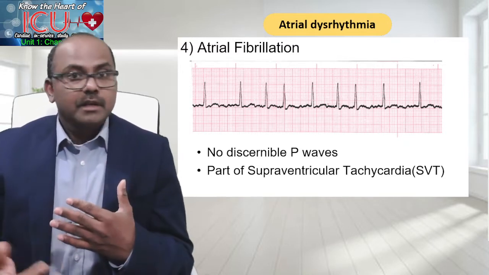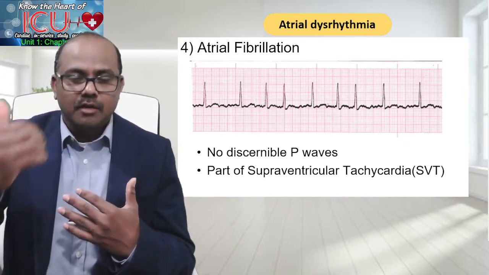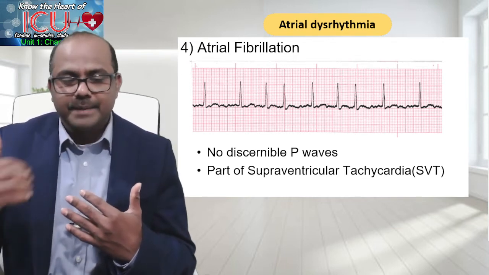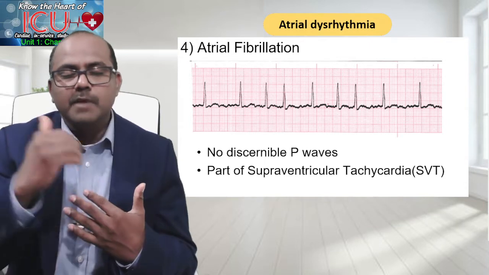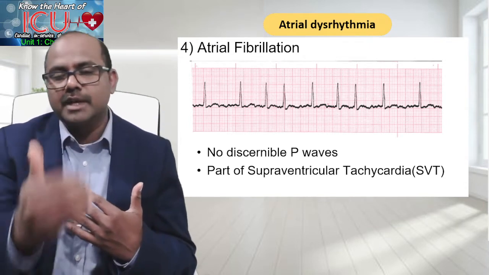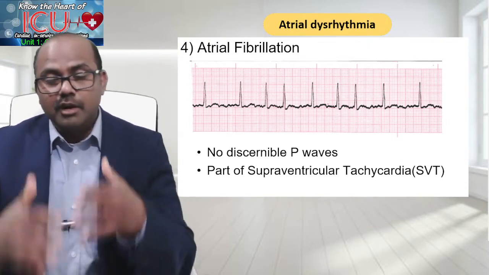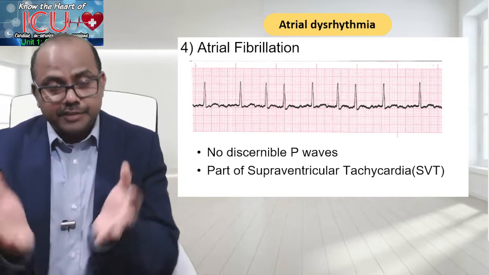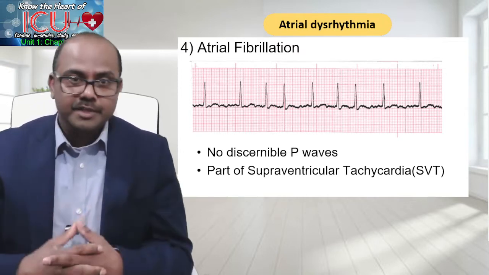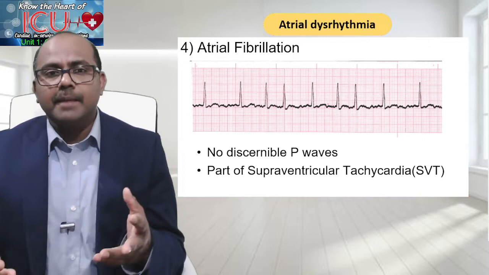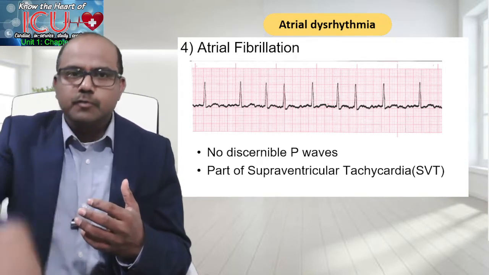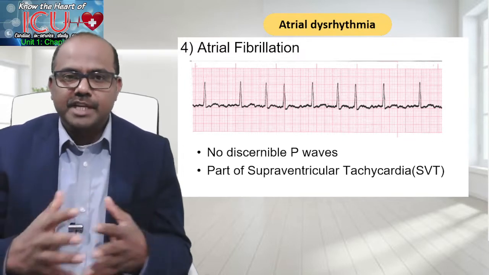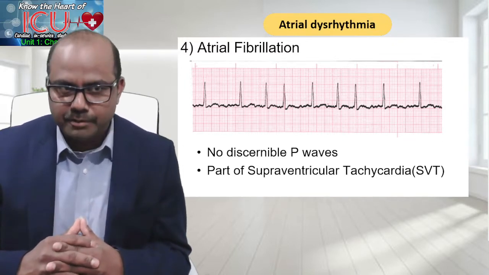So what happens? All these 300 impulses per minute, or more than 300 impulses per minute, in the atria will not be conducted down to the ventricle by the AV node. As I said before, there is a therapeutic block, a physiological block to prevent ventricular fibrillation. So the AV node screens and randomly sends one down to prevent ventricular tachycardia and ventricular fibrillation.